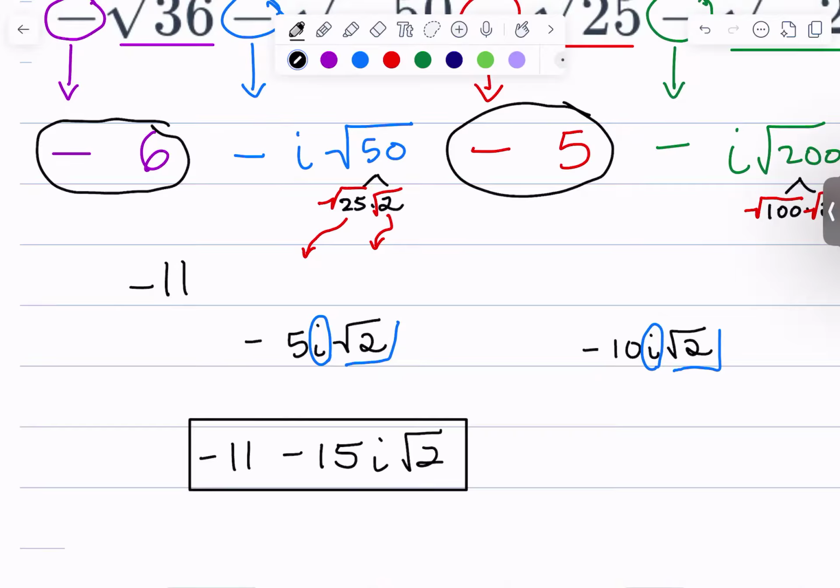All right? Yes. Yeah. Because you have negative 5 of these i square root of 2s, and then you're subtracting 10 of these i square root of 2. Okay? Any other questions? No?